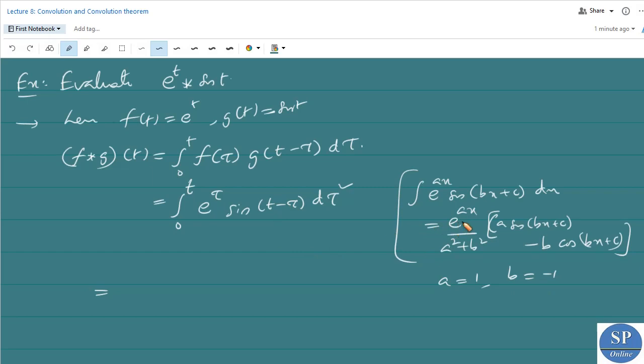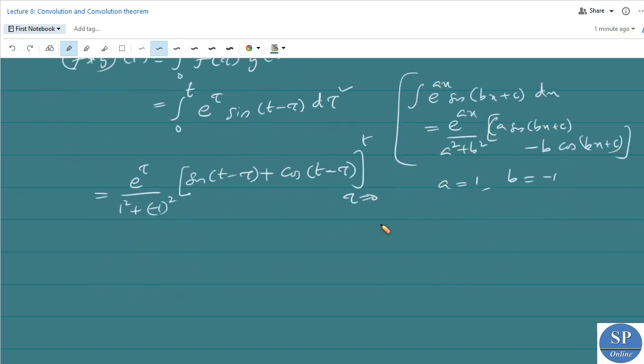So the integral is e power tau divided by a square plus b square, into a sin of t minus tau, minus b, that is plus 1, into cos of t minus tau, from tau equal to 0 to t.